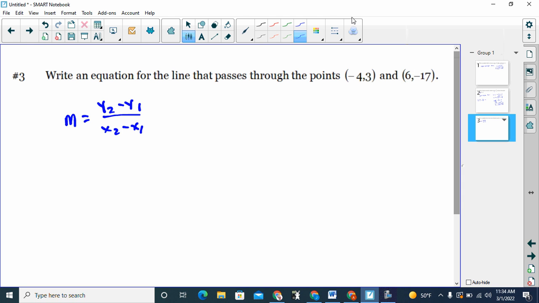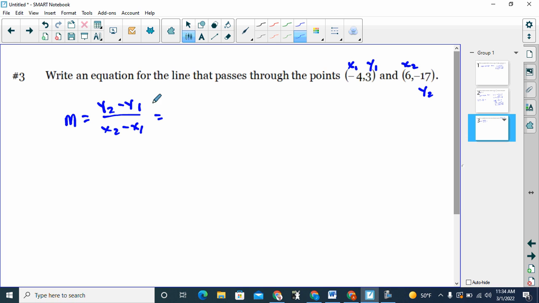From there, we're going to label the points. This first point has an x value of -4 and a y value of 3. That's my first point, so I'm labeling it x1, y1. My second point, x2 is 6 and y2 is -17. We can plug things in where they belong then.